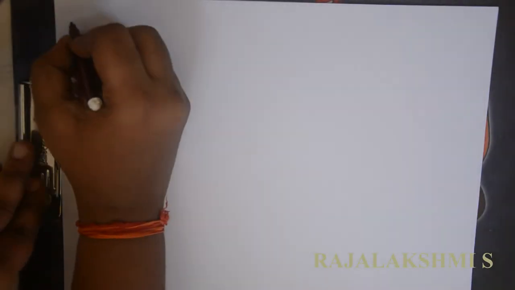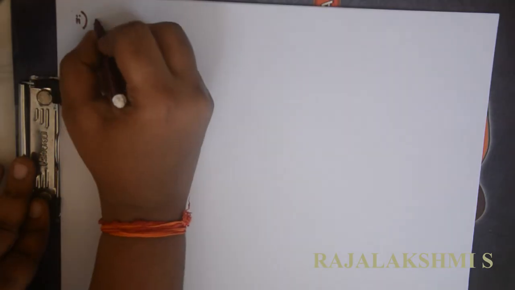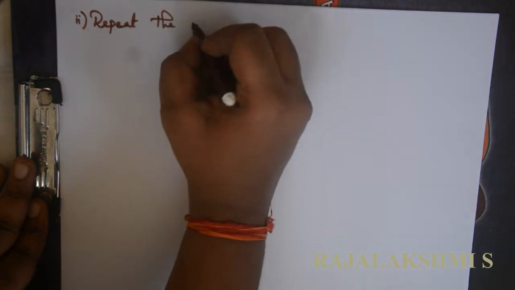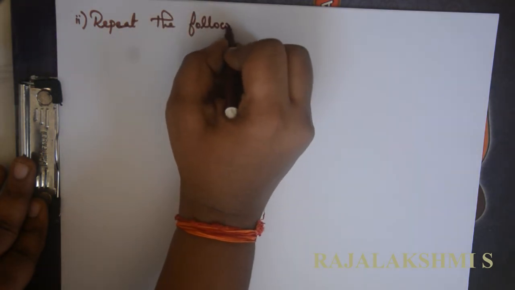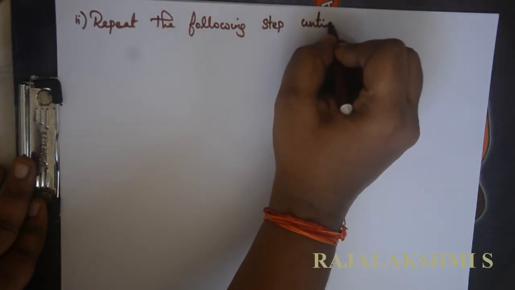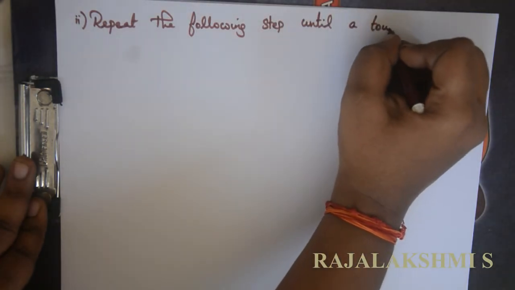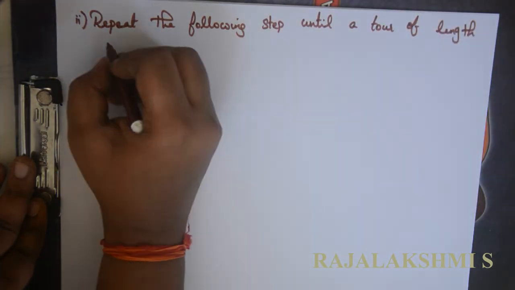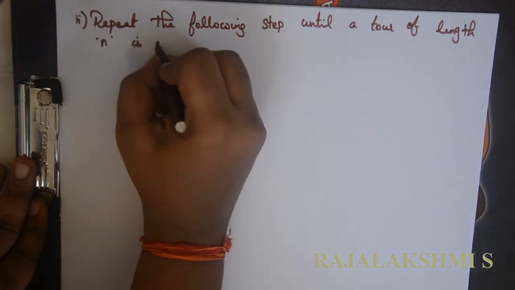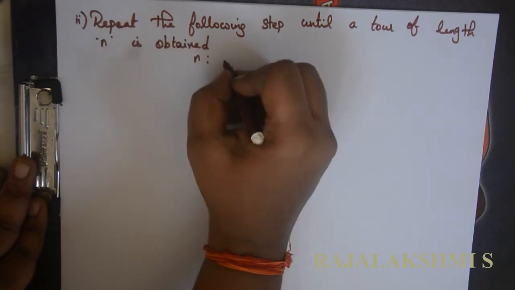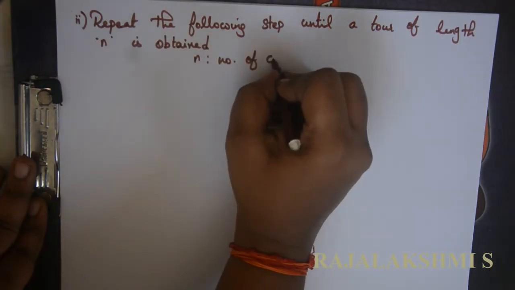Now the multi-fragment heuristic works as step 2: repeat the following steps until a tour of length n is obtained. Here n represents the number of cities.